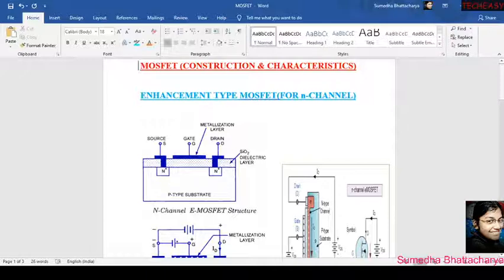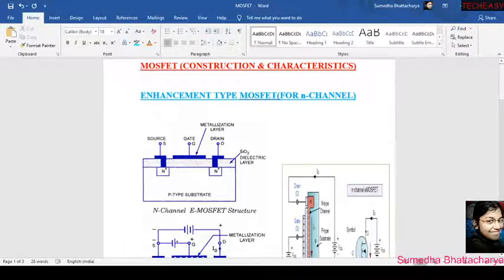The enhancement type MOSFET has N-channel enhancement type MOSFET and P-channel enhancement type MOSFET. Same case for depletion type MOSFET: there are also two channels, P channel and N channel. So today we will discuss the enhancement type MOSFET for only N channel, right?